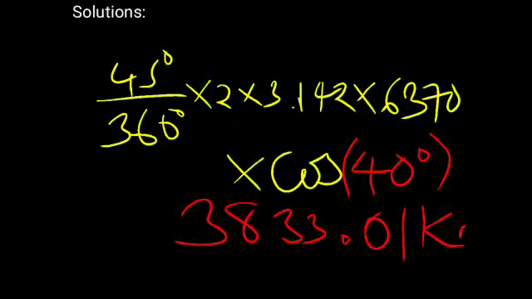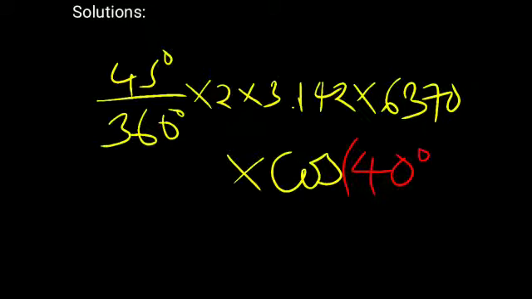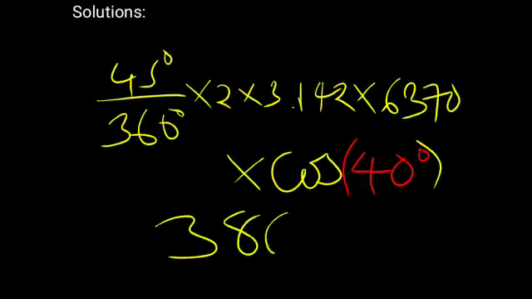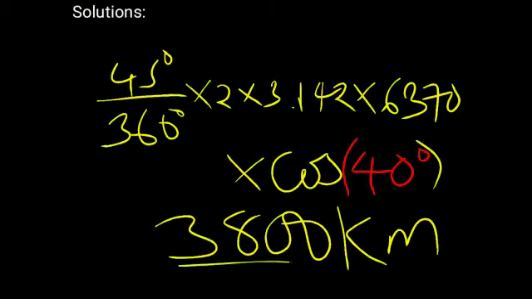This can be rounded off to the nearest 100, which is going to be 3,800 kilometers. That's how we can calculate the distance between the 2 points along the circle of latitude.